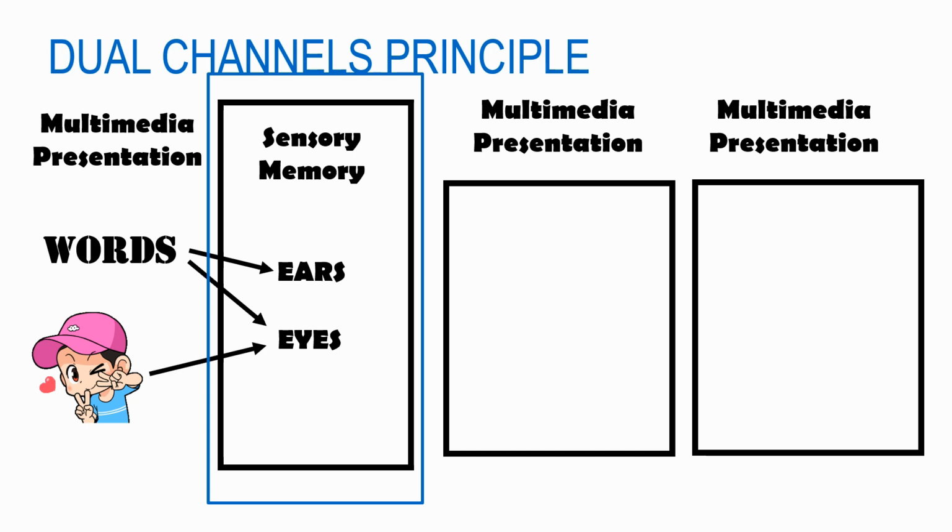The first is the visual pictorial channel, which processes images seen through the eyes, including words displayed on the screen. The other channel is the auditory verbal channel, which processes spoken words. Cognitive theory of multimedia learning recommends using both pictures and words to activate both channels.